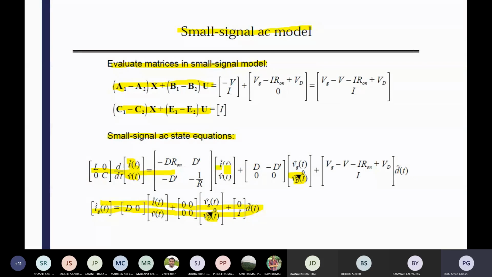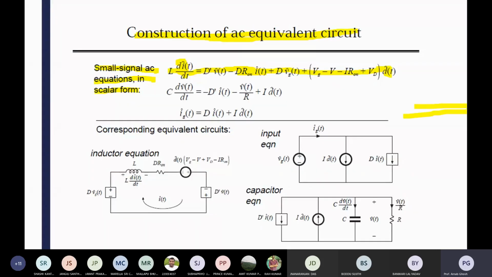This will be multiplied with this one, as row-column multiplication of matrices. You are doing the same thing, and finally you will get the equations. Here you have also considered that Vg cap is there. In the first calculation you made Vg cap 0 for simplicity, but here you are considering it, which is an additional thing.